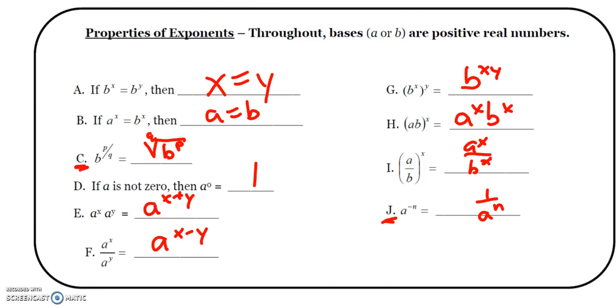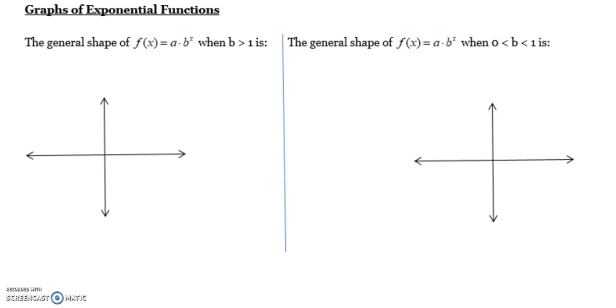But let's go ahead and take a look at some of these graphs and some of the features of exponential functions. So starting on the left-hand side, we have the general shape of f of x equals a times b to the x when b is greater than 1, where the difference on the right is where b is going to be less than 1 and greater than 0. So we'll talk about the differences of those.